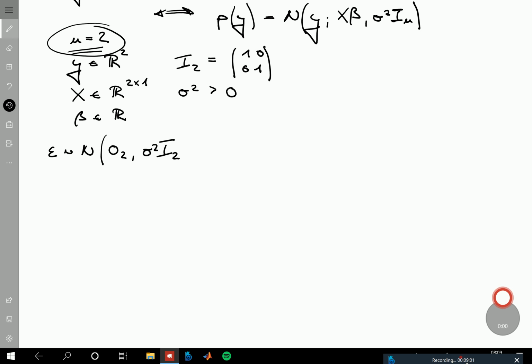Just to make this very explicit, O2 is of course 0, 0, and the covariance matrix is sigma square, 0, 0, sigma square. This is just what these symbols mean.